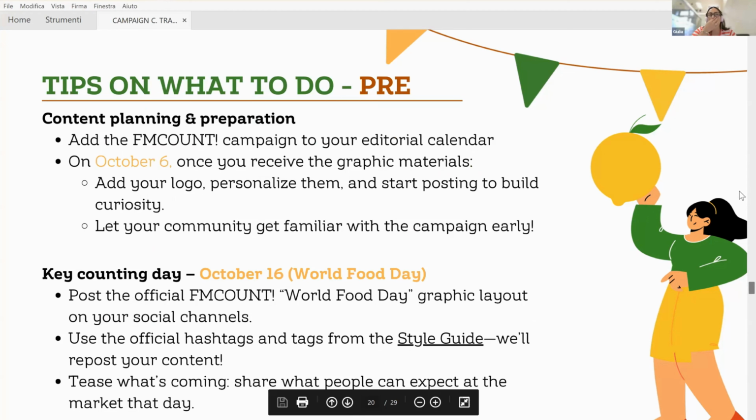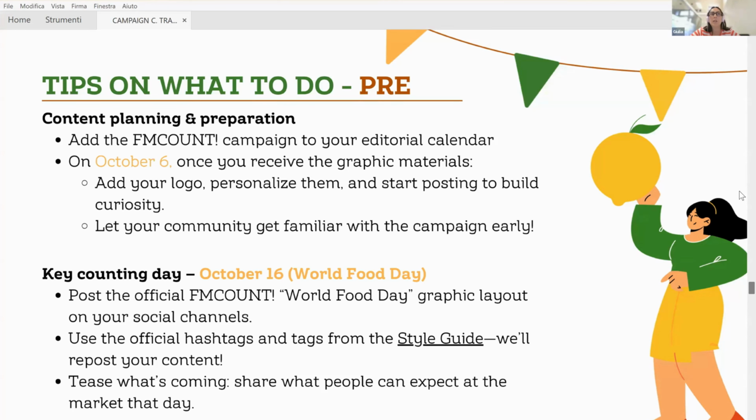Something that you can do, of course, is plan the content that you are going to publish. So as soon as, I'm sorry, I will change the dates here. And then as soon as you have the complete file, you will have the right dates. So here it says October 6th, but it's not going to be October 6th.